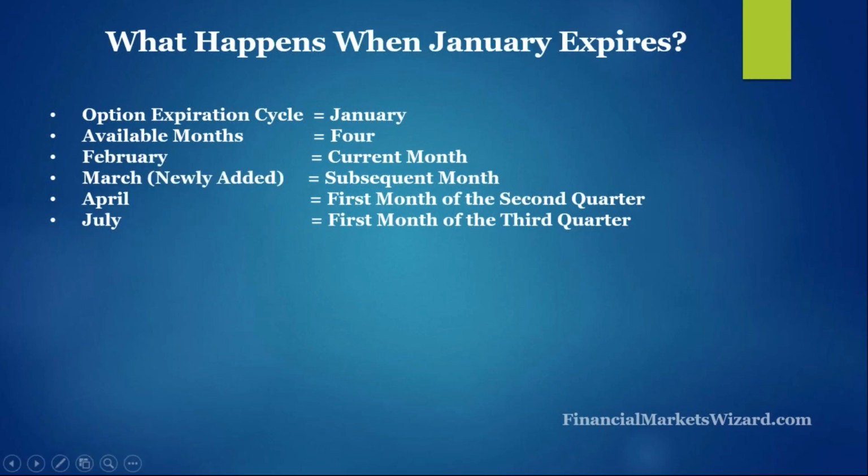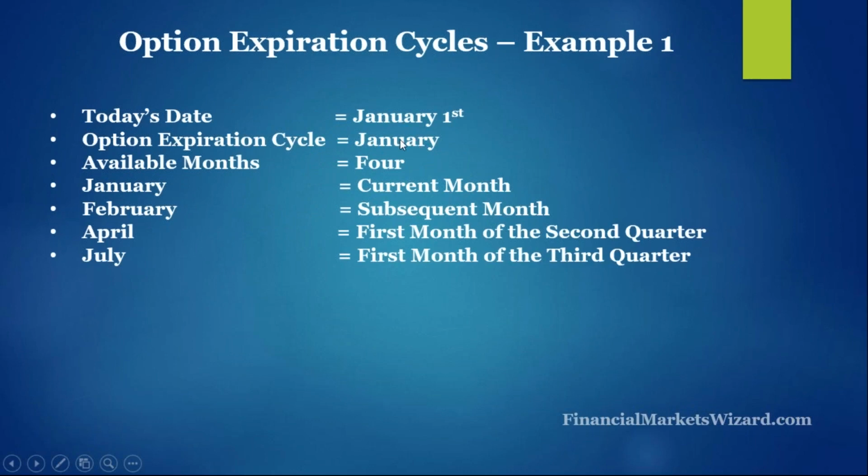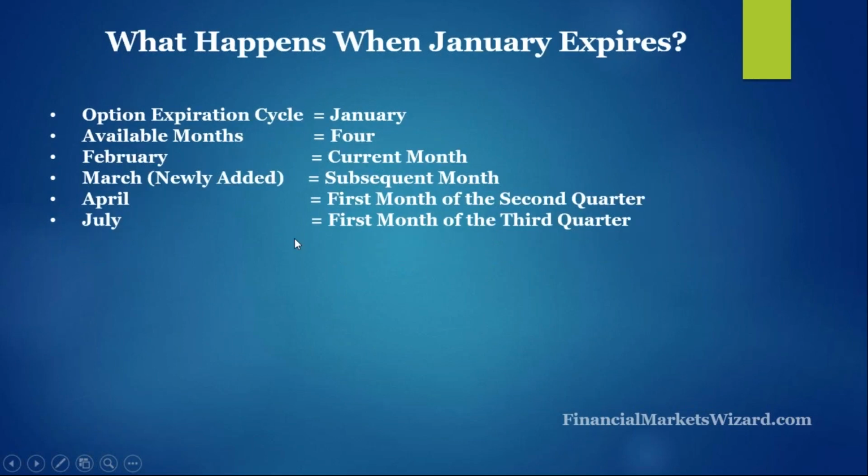So let me go back. Today is January 1st, option expiration cycle January, with 4 months available. The current month is January, February is the second month, and then April and July are listed because of the January cycle. So keep in mind April and July are already there.